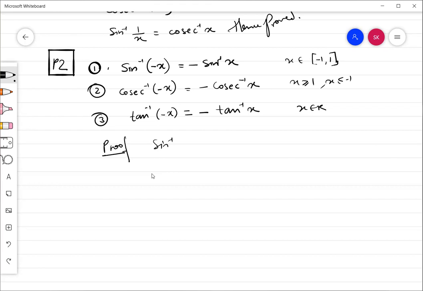I'll say that sin inverse of -x is equal to y, right? And then the next step: minus x is equal to sin of y. Now, taking the minus sign to the other side, x is equal to minus sin y, right?